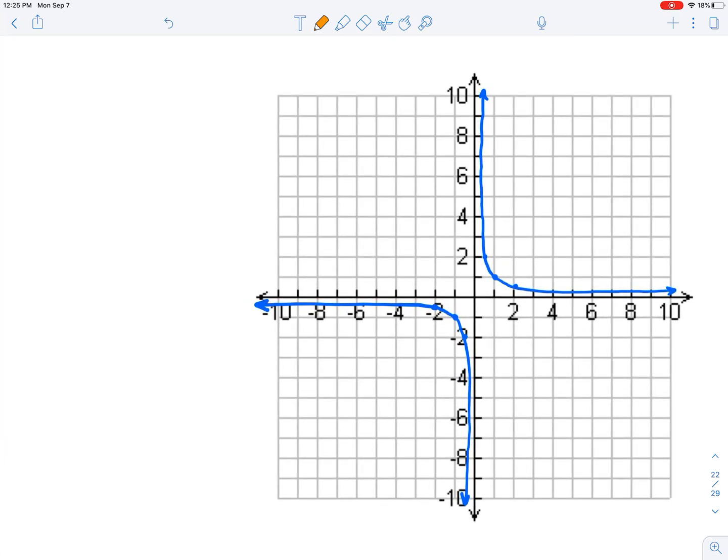The points I have plotted on here are (1, 1), (-1, -1), (1/2, 2), (2, 1/2), (-2, -1/2), and (-1/2, -2).